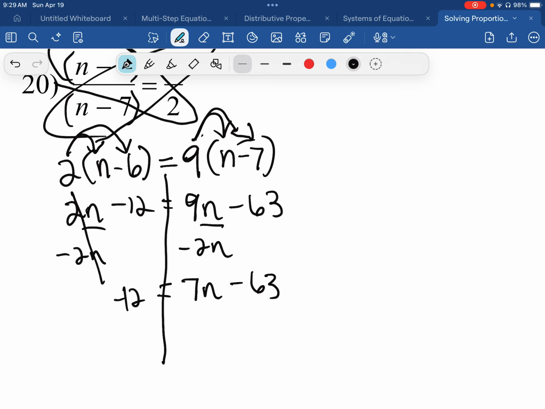Now the goal is to isolate this n so we can add 63 to both sides. That'll allow us to cross off the 63 here. And we're starting at negative 12. Adding 63, we're going to end up with a positive number, and that will be positive 51 equals 7n.